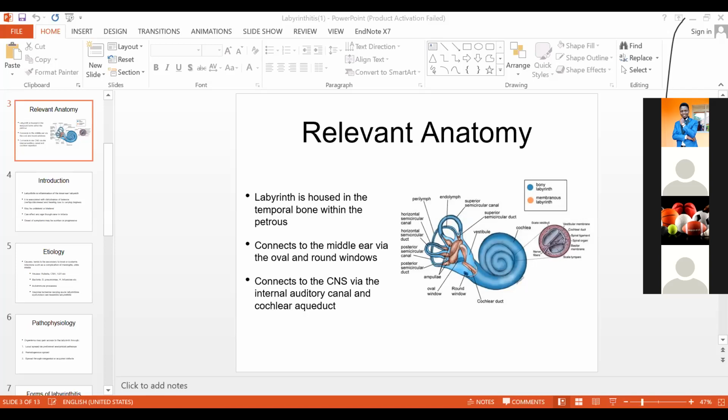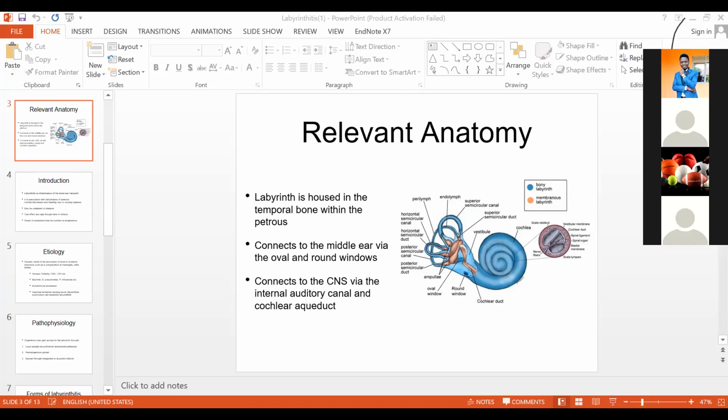Paddy, any other question? Yes, we still have 2 more hands raised. Abure, unmute and ask your question. Yes, thank you, Doctor. I have 2 questions. One, antibiotics are given topically only when there's no perforation of the tympanic membrane.